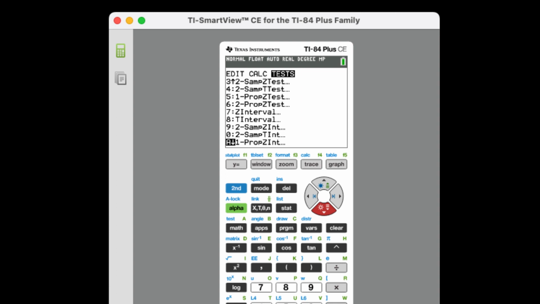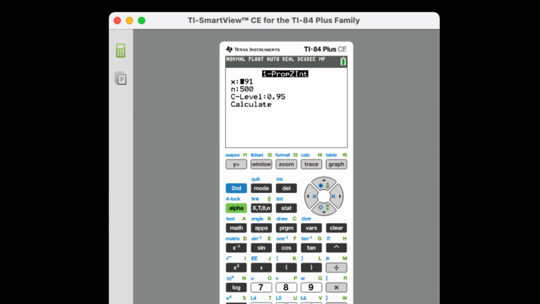You guys okay with that? What is X? 31. What's the sample size? Outstanding. What's the confidence level? 0.90. You say, can I put the 0 if you want? Hit what? Calculate. You got your answer.